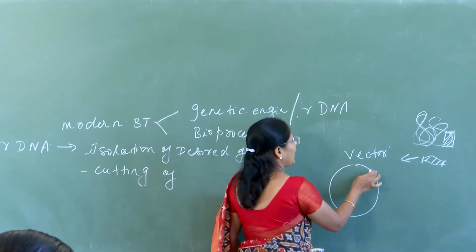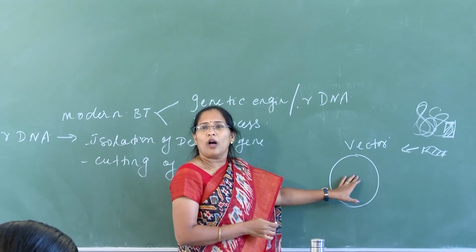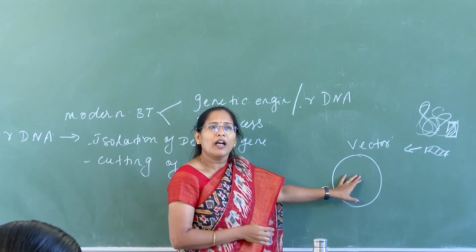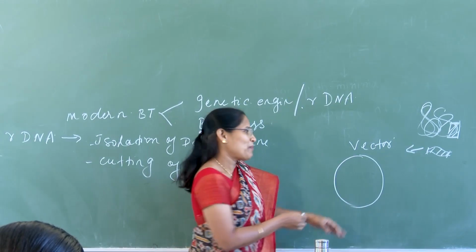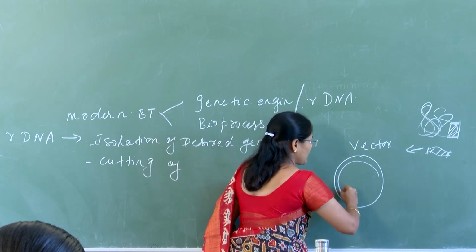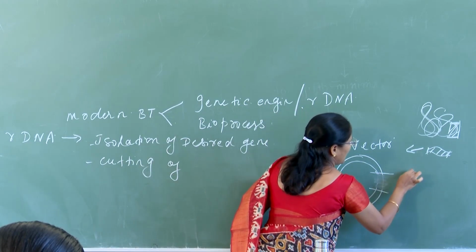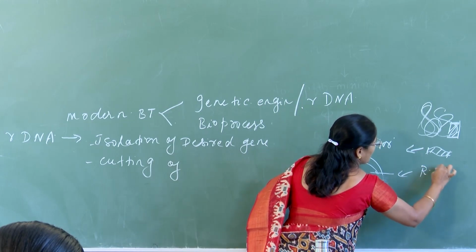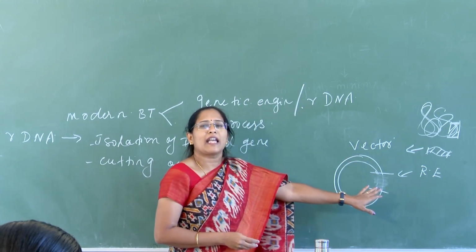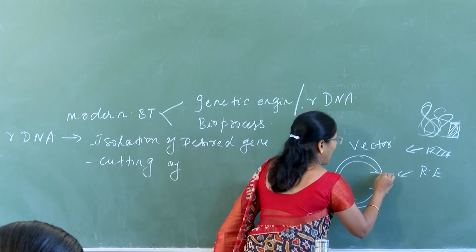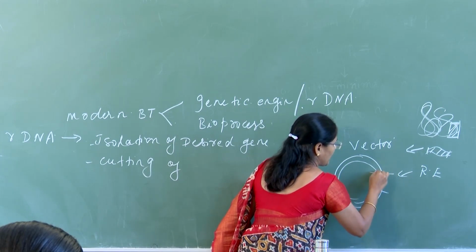Yes. So how do I cut my vector? By using restriction endonucleases. So I made a cut. I have cut it using my restriction endonuclease enzyme, and then I will add my gene of interest.